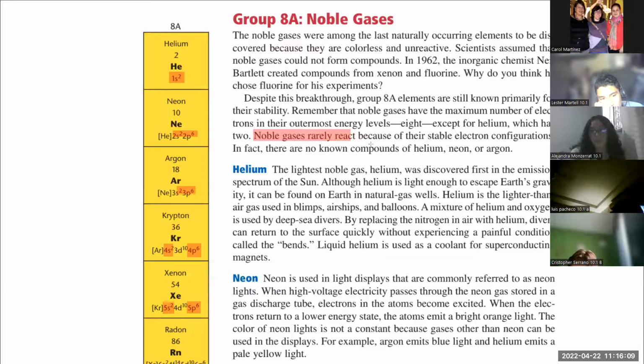Noble gases rarely react because of their stable electron configuration. I mean, all the electron configurations want to be like noble gases. All elements want to be stable. They want to form stable compounds. To have stable compounds, they need to have 8 electrons in the electron configuration.